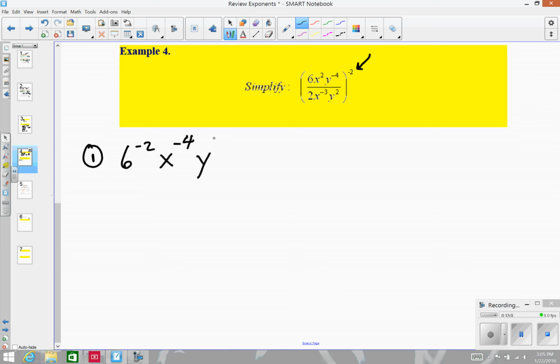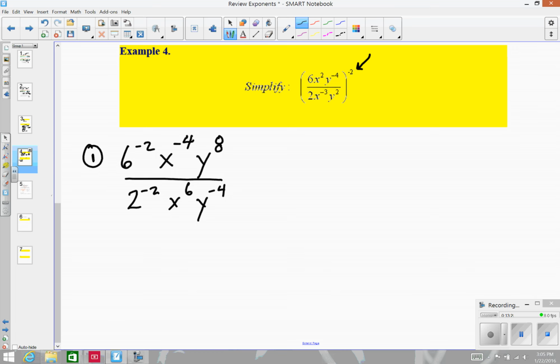For some reason I'm having trouble writing. Okay, and then in the denominator, 2 to the negative 2 power, x to the positive 6th power, y to the negative 4th power.